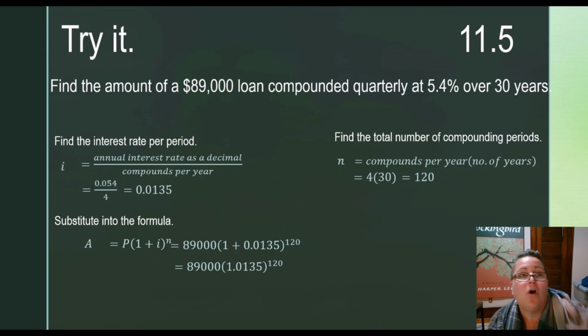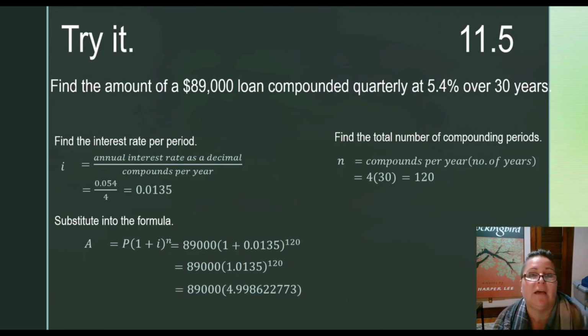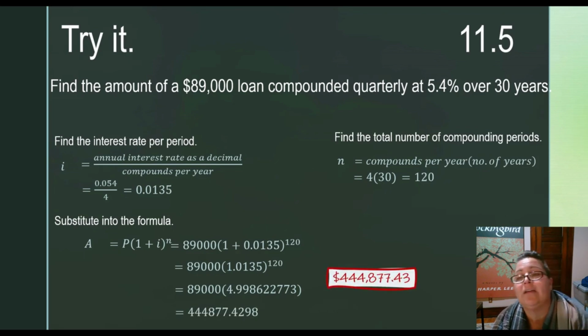Doing that first exponent, 1.0135 to the 120th power, I have to do that part first. That gives me 89,000 times 4.998622773. I need to keep the whole number, or $444,877.43.